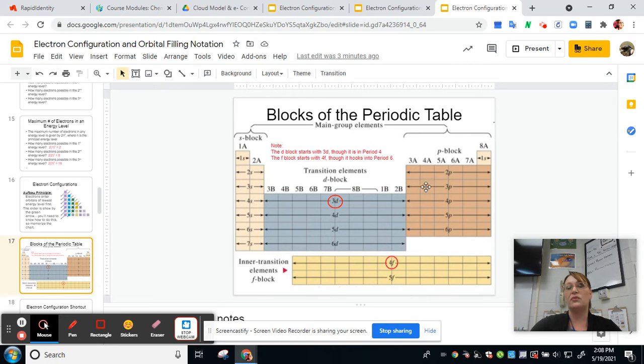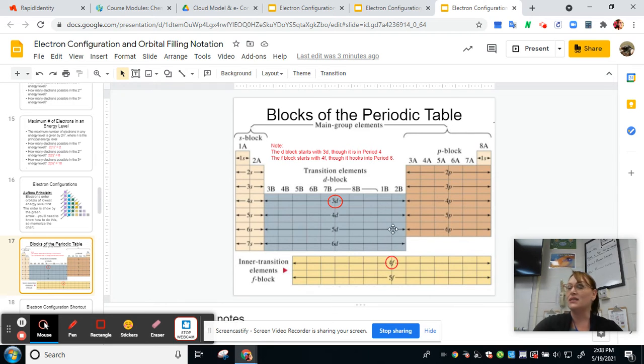This would be 3p with 2 electrons. This would be 3p with 3 electrons. And sulfur is going to be 3p with 4 electrons right here. And so the way I'll designate its very last energy level is I'll write 3 and then p. And then as a superscript, I'll say how many electrons are in that p sublevel. So there will be a superscript 4. So it would be 3p4 will be the last sublevel if I wanted to write the sulfur atom.